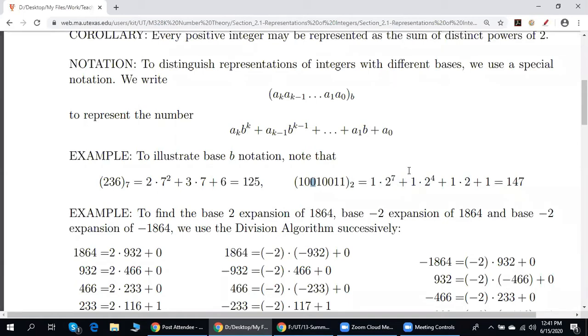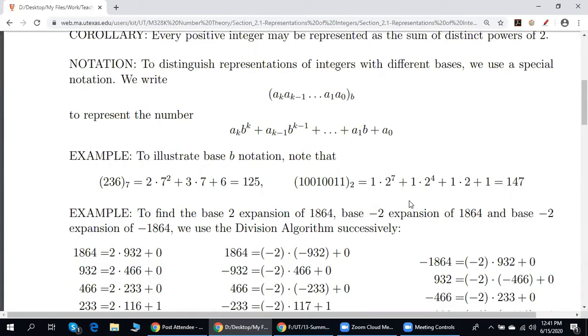So the coefficients in front of 2 to the 6th power and 2 to the 5th power are zeros. Then here 1, therefore here 1. There is no 2 cubed and no 2 squared, meaning the coefficients are zeros. And lastly, 1, 1. So what we see in front of us here is the so-called base 2 expansion of 147.